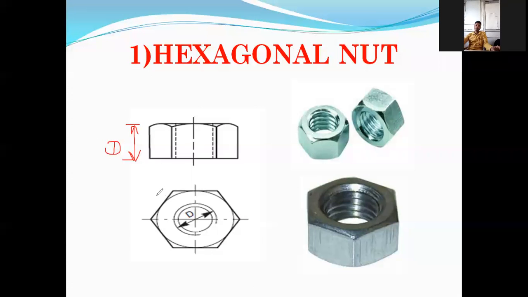Further, we have seen that two widths are given for this. One is called width across flat, and the other is called width across corner. How much are they? They are again given in terms of the nominal diameter D. So width across flat in terms of this D, how much will it be?